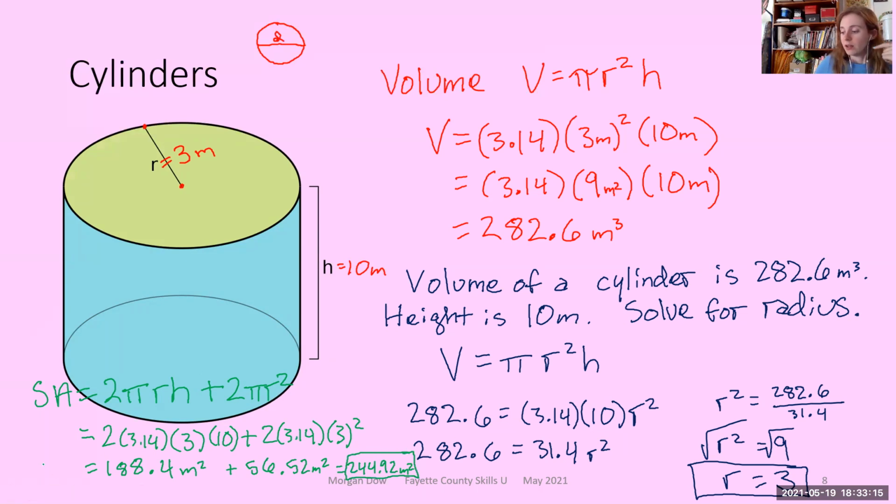So in general, when you are working on a geometry problem, first thing you need to do is identify what kind of a shape you are working with. So we look at this page, we see we're working with a cylinder. And then you need to know what kind of measurement you are talking about. So is the problem talking about volume? Do you need to calculate surface area, right?